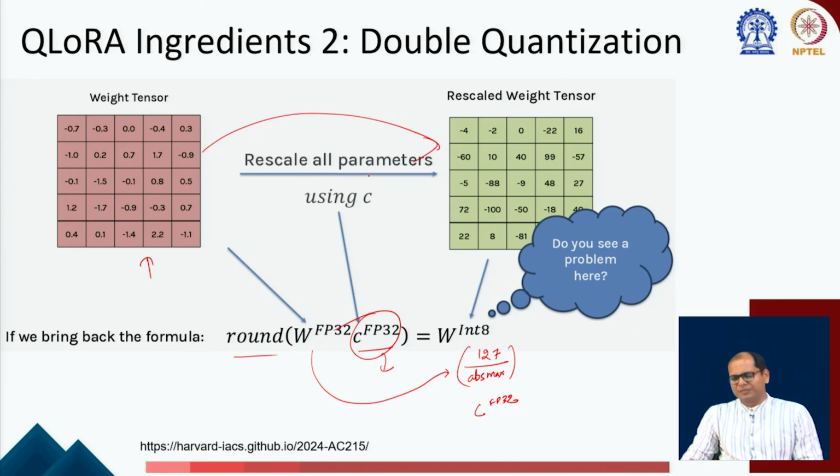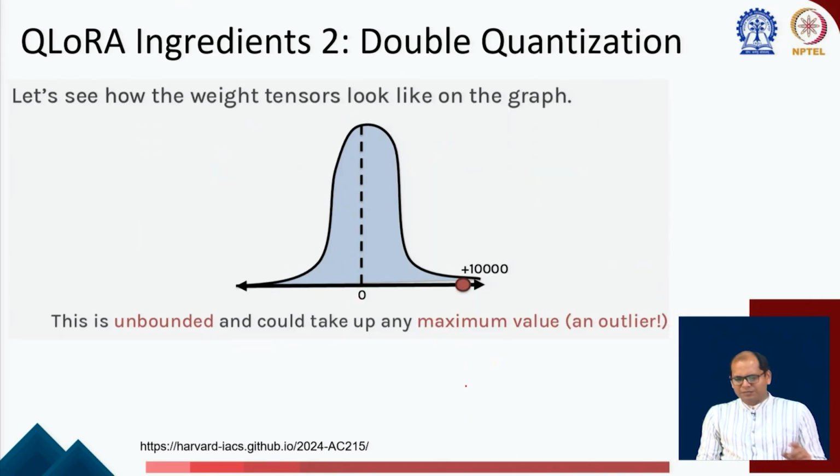Now, do you see any problem with this approach? Think about all the weights that you have in your model, and you find the absolute max and then quantize using that. 127 divided by absmax becomes the constant, and you multiply each weight by the constant. What can be the problem with this? How do the weights look?